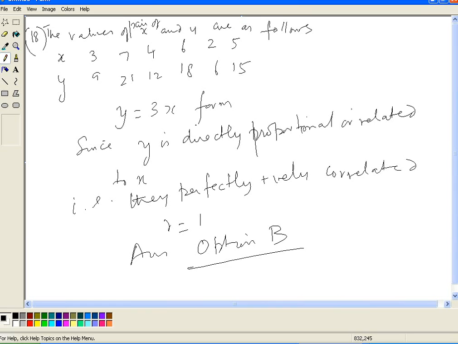Since y is directly proportional to x, they are perfectly correlated, and also positively correlated, so r is equal to 1. So the answer is option B.